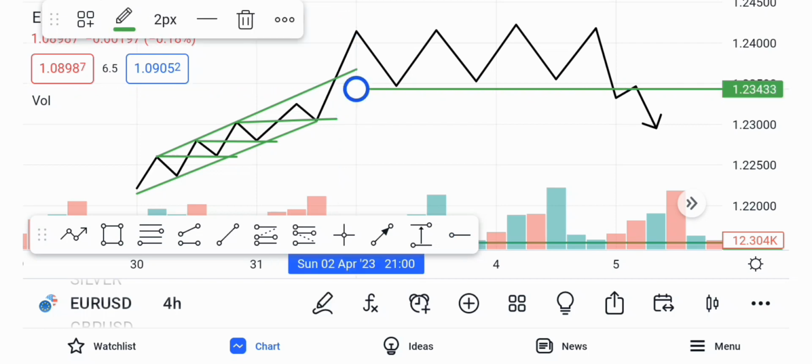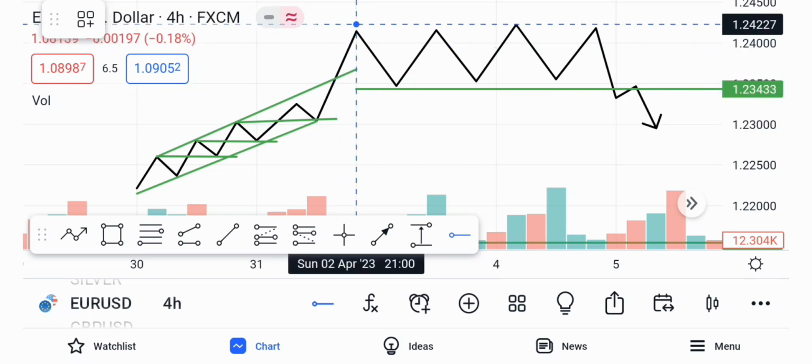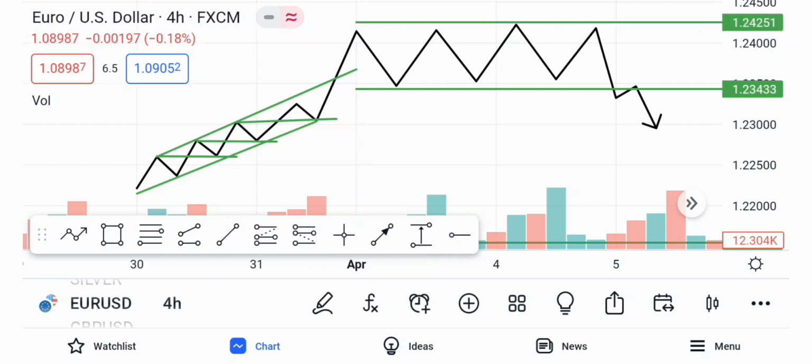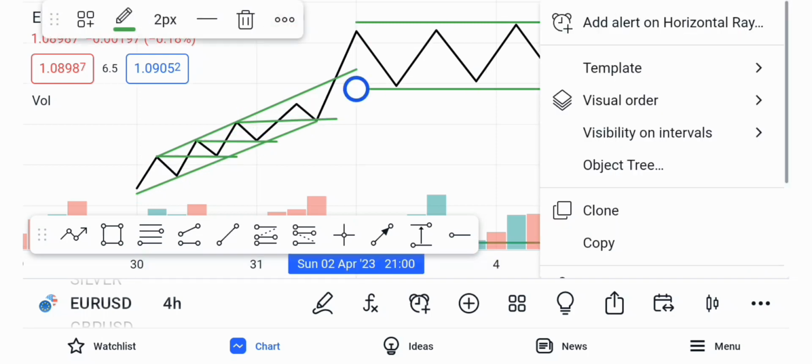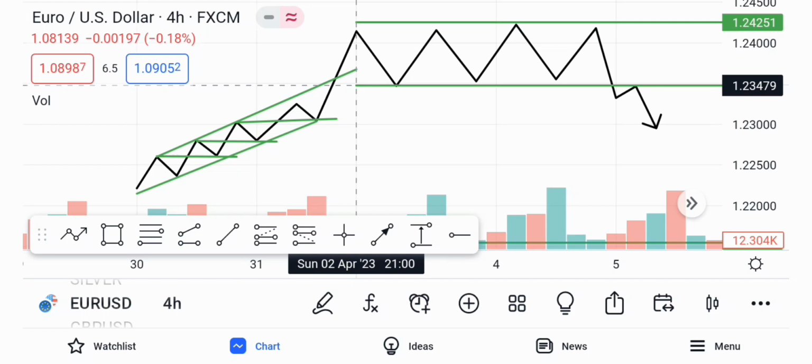There is a support and resistance line. These are key levels. These are the key levels we have identified in this uptrend. So now, as we can see, this was an uptrend. Then it started ranging in that uptrend. So now we have identified a ranging market.